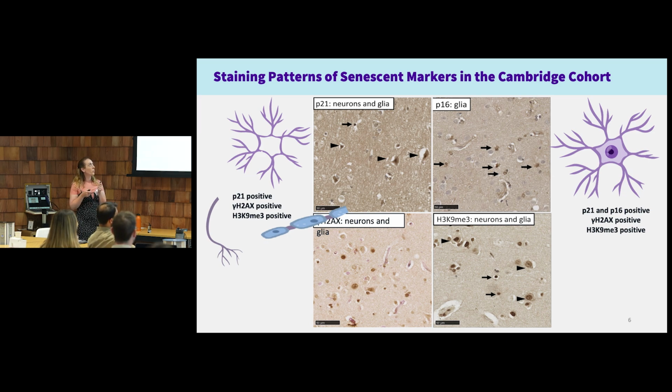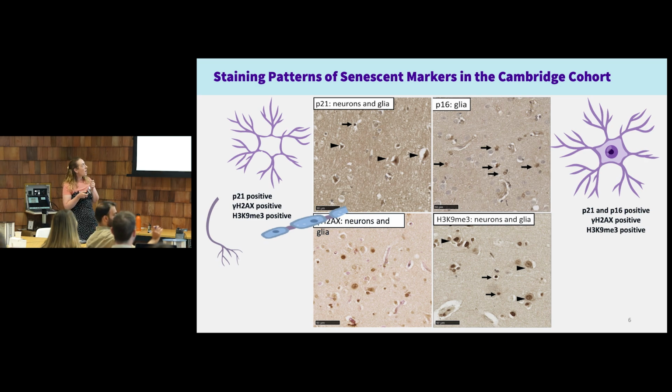So the markers that we've chosen to move forward for this project: first we have P21 and P16, which are negative regulators of the cell cycle, and of course cell cycle arrest is one of the key features of senescence.